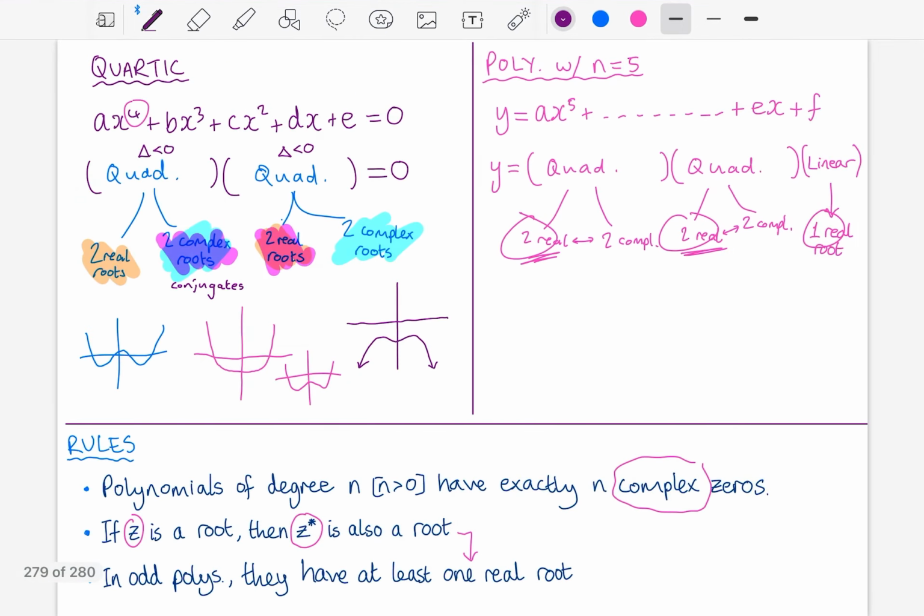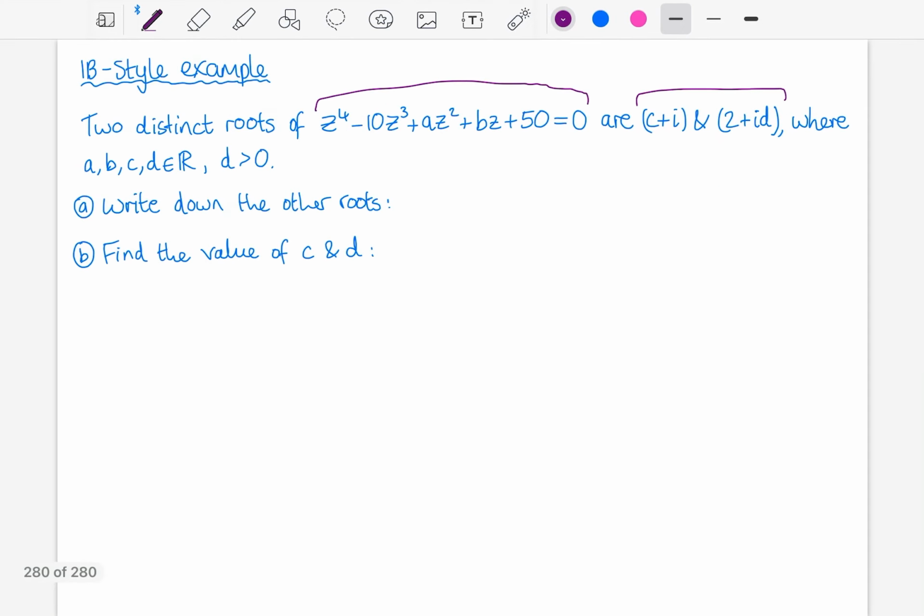That is just directly going to be this rule here. If one complex number is a root of your polynomial, then its conjugate is as well. Therefore, c minus i is the conjugate of the first one, and 2 minus id is the conjugate of the other one. So those would be our other 2 roots. Now, find the value of c and d.